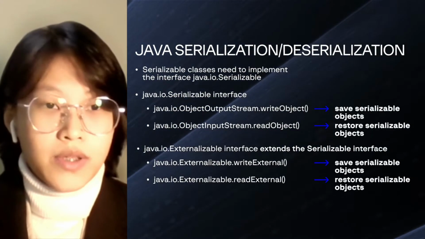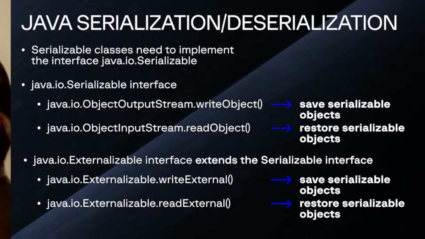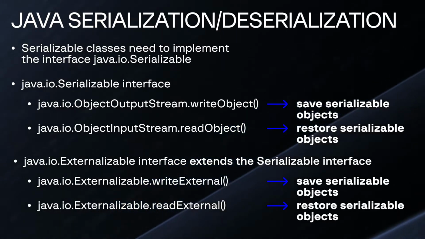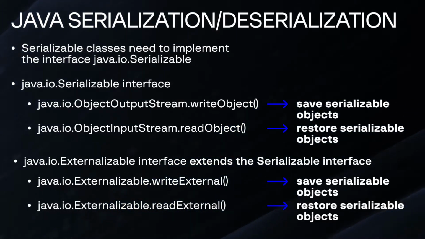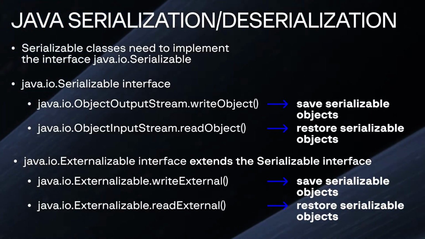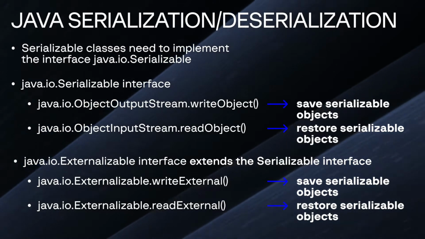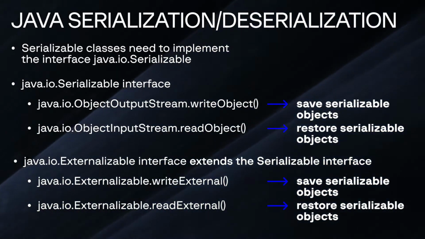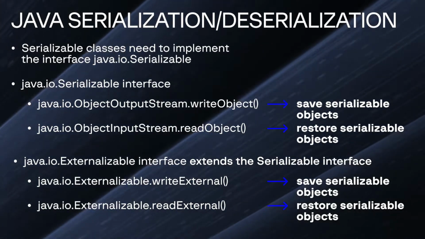In Java, the class needs to implement the Serializable interface to be serialized. Classes that do not implement the Serializable interface are not compatible with the process. The writeObject method is responsible for writing objects to the stream. The readObject method is the corresponding method used when restoring the values written by the writeObject method.